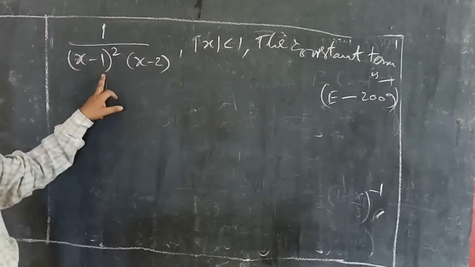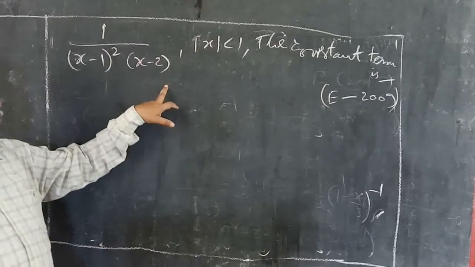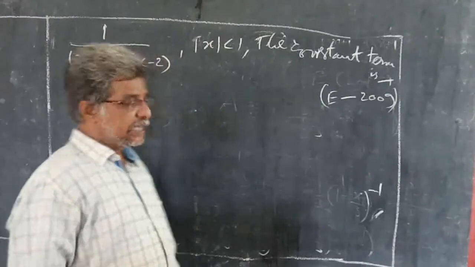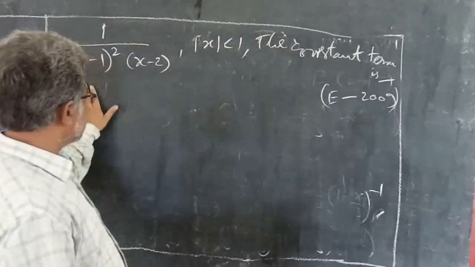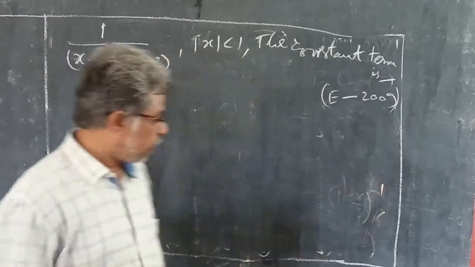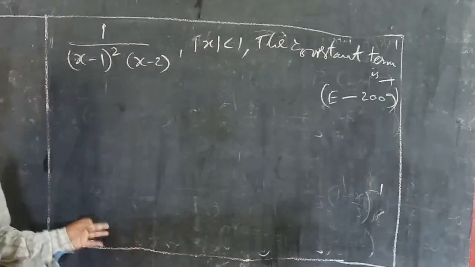One by x minus 1 whole square into x minus 2, mod x is less than 1, then the constant term in this expansion is... he is just asking the constant term in the expansion. Like we found the x power n coefficient, he is asking just the constant term.